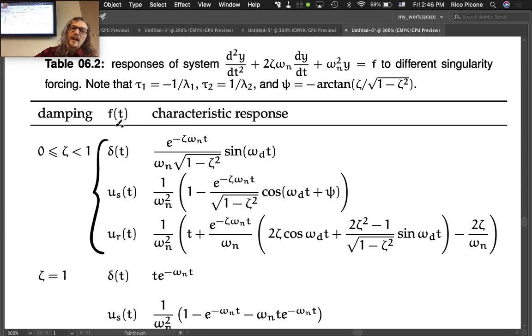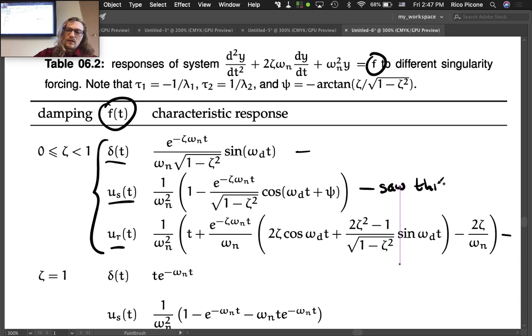If we put in as the forcing function, the right-hand side of the equation, not as the input, the impulse, the step, or the ramp, we get these three results. The last one's a little messy, but not terrible. We had already seen this in the equations above. So yawn or whatever.